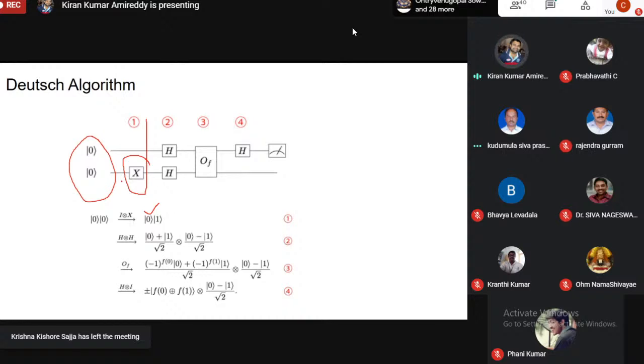But when we apply this Pauli gate on the qubit, then at the end of this we get 0 transformed to 1. So at this stage we have 0 and 0 is replaced by 1 because of this operation.